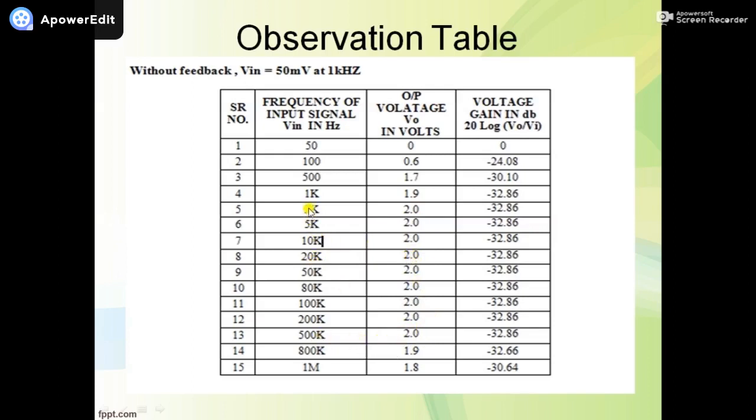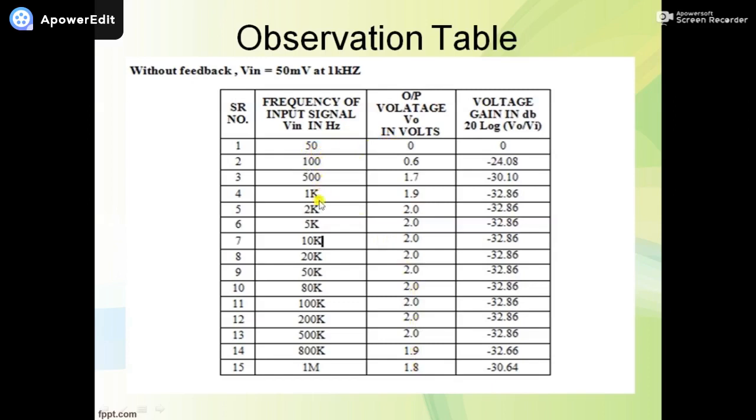That means from 2k to 500k, the output voltage or voltage gain is constant. And again after 800k, the output voltage decreases, 1.9 and 1.8. It means initially the output is low.